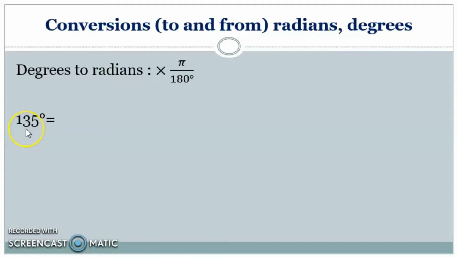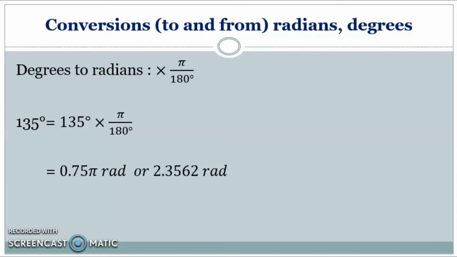For example, to convert the angle 135 degree to radian, we can multiply 135 degree by pi over 180 degree. This will give us 0.75 pi radian, or substituting pi as 3.142, we will get 2.3562 radian.